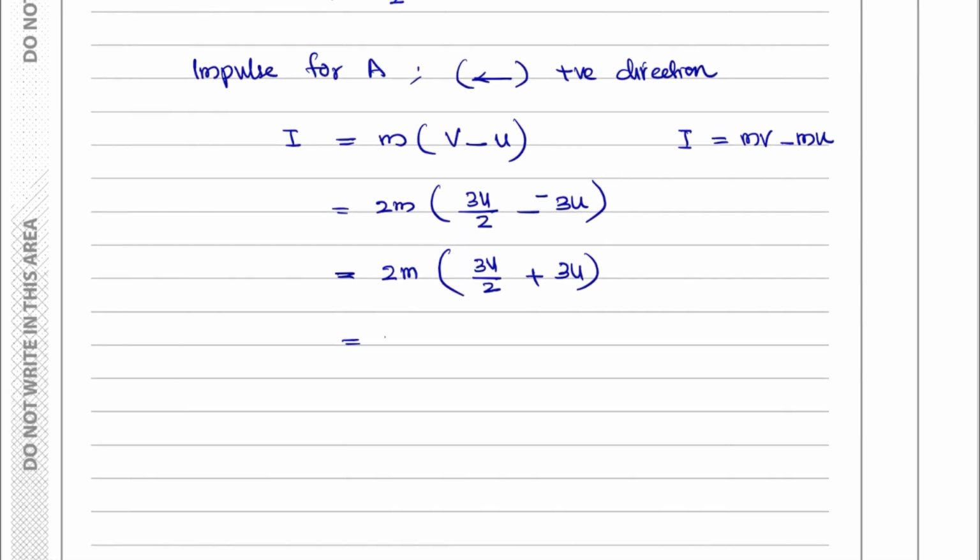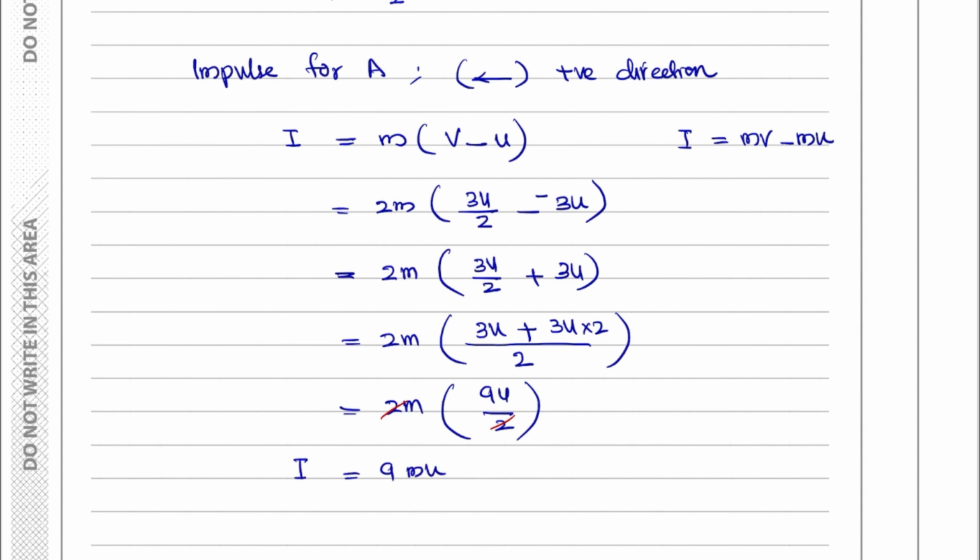Taking the common factor, that is 2m into 9u divided by 2, then the 2 gets cancelled, and the remaining term is 9mu.